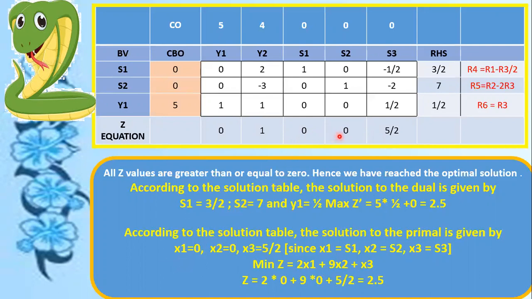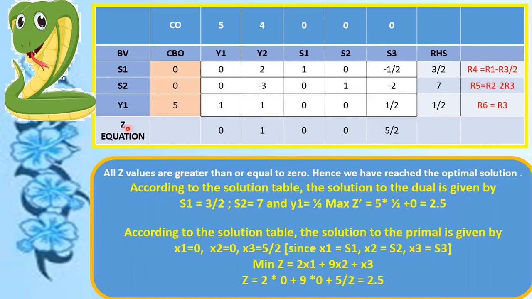X1 is 0, X2 is 0, X3 will be equal to 5 by 2. So what is the equation of the primal? Minimization Z will be equal to 2x1 plus 9x2 plus x3. x1, x2 values are 0. So plus 5 by 2 will be equal to 2.5.